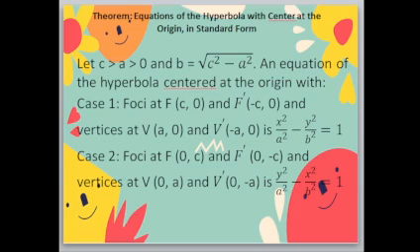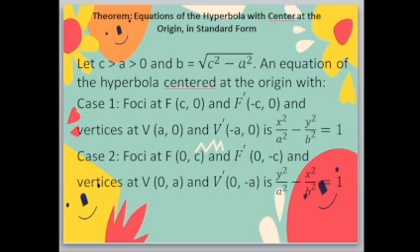The formula is x squared over a squared minus y squared over b squared equals 1. So that's case number 1. Case number 2 is foci at the first focus (0, c) and the second focus (0, negative c), and vertices at the first vertex (0, a) and the second vertex (0, negative a).